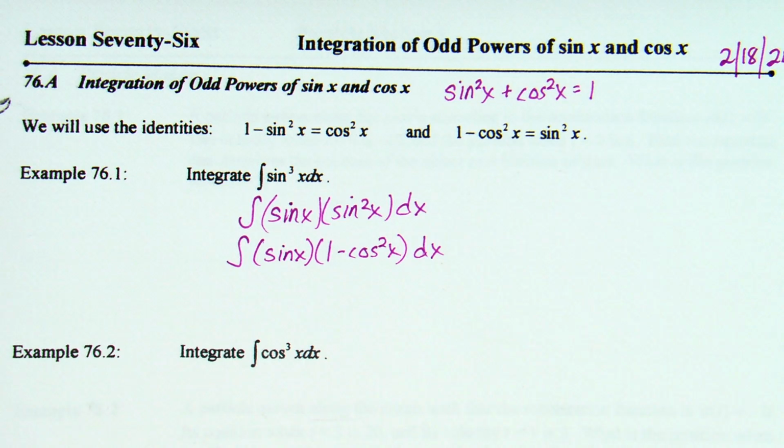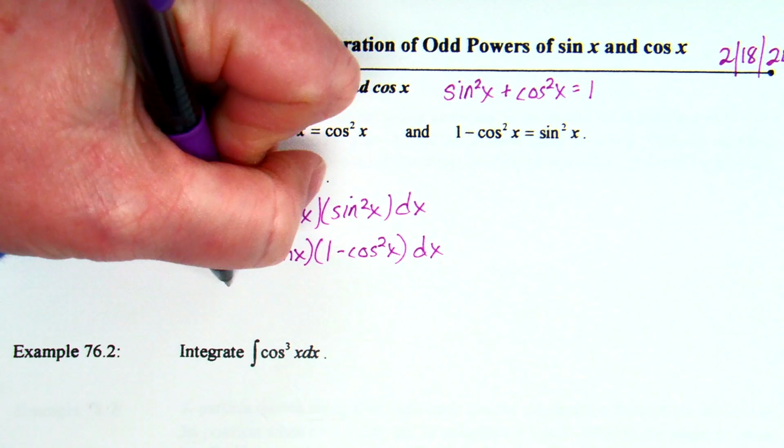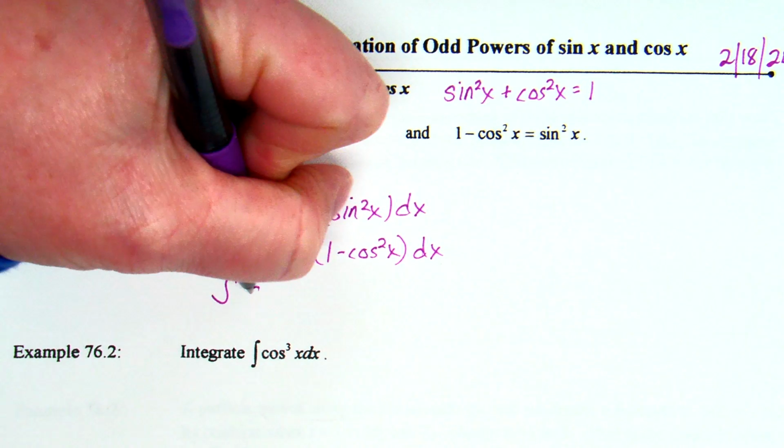We're going to distribute next so we have two integrals to work with. When I distribute, sine x times 1 is sine x, minus sine x times cosine squared x, which is minus sine x cosine squared x dx.